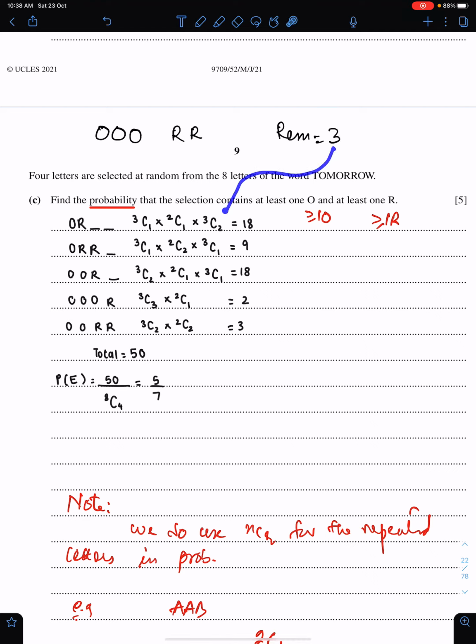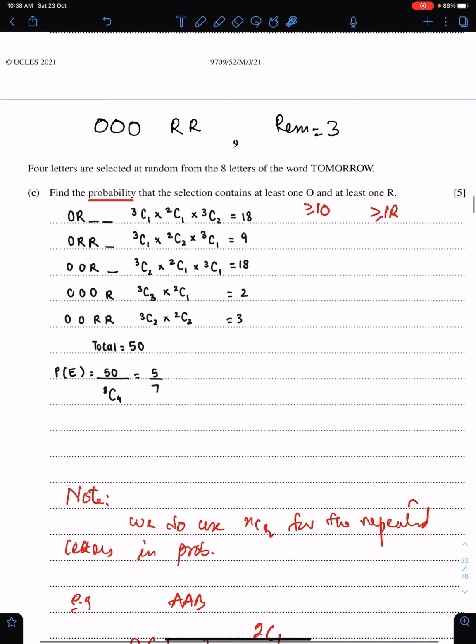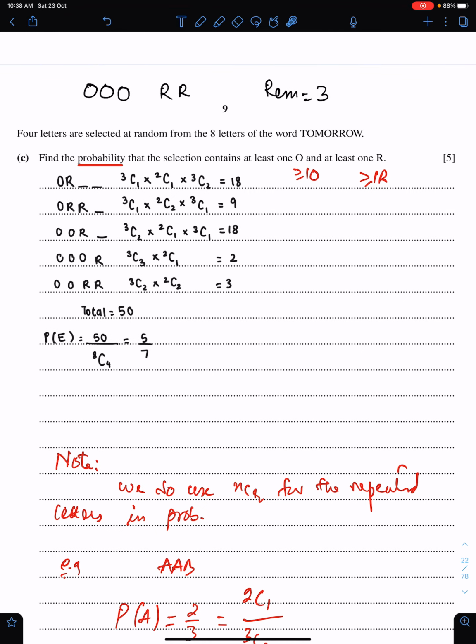That is why we have 3C2 here. Now, selections with 1 O and 2 R's and 1 remaining letter from 3 remaining letters. So for 1 O write 3C1, for 2 R's write 2C2, and for 1 remaining from 3 write 3C1.